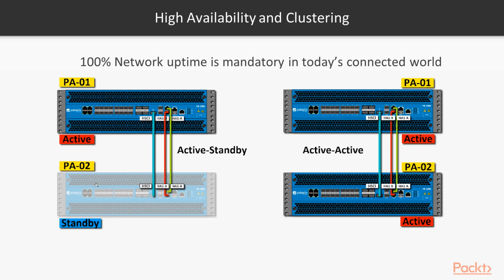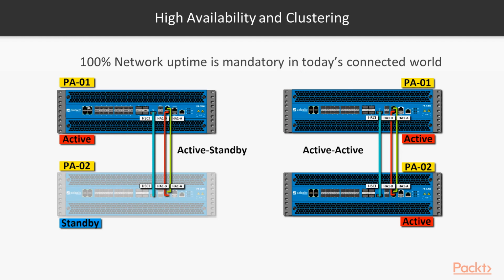This standby unit in active standby will remain reachable as far as management. You can still get to the dedicated management interface. However, it's not going to forward any traffic. I'm just going to be standing by, as the word is saying. It's a standby unit. I am going to be standing by in case the active primary goes down for whatever reason, and I'm going to take over ownership of the traffic forwarding.